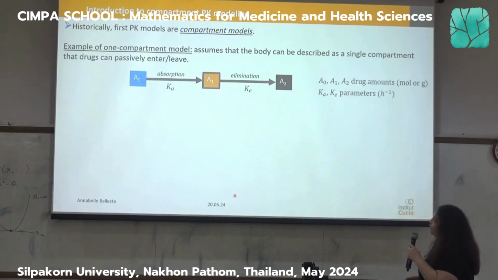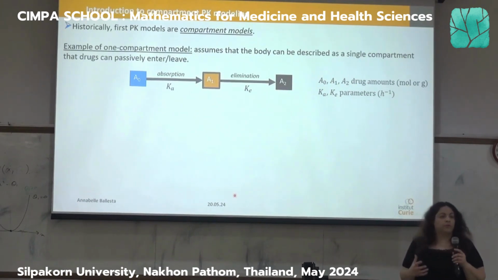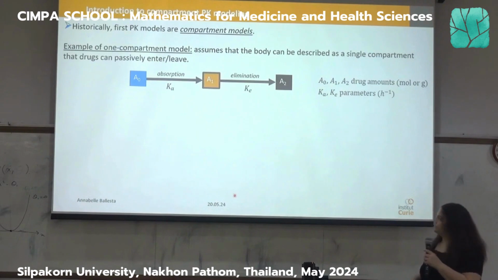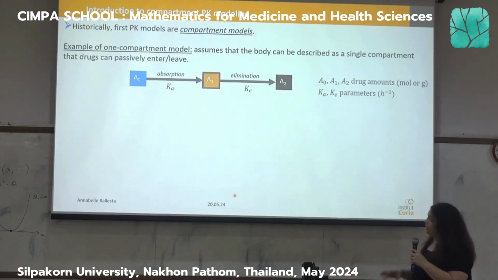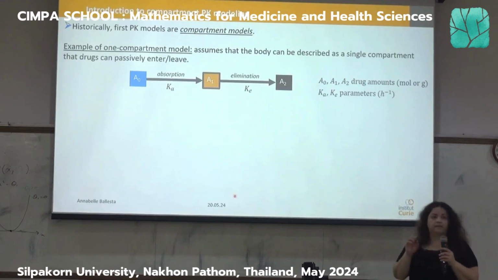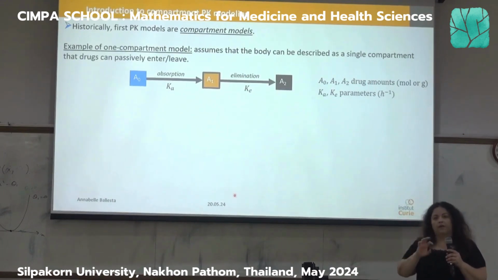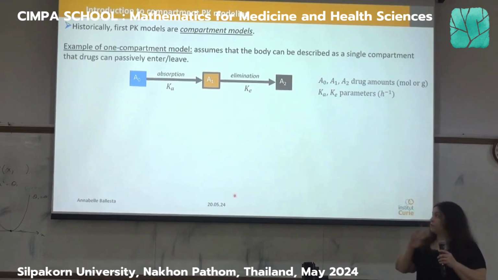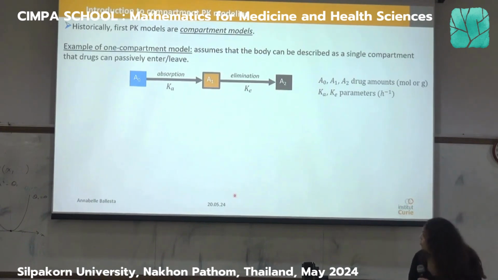As you can see, we assume that the body can be modeled as a single compartment. So this is probably the most simple model you can get. So you have A1, which stands for the body compartment. And then you have the compartment A0, where the drug is, and you have absorption from A0 to A1, and then elimination.